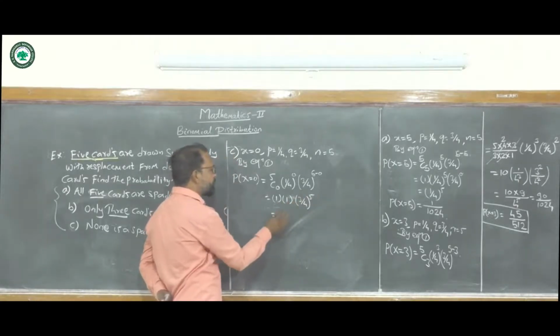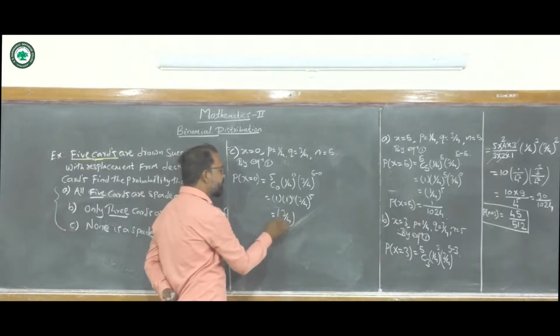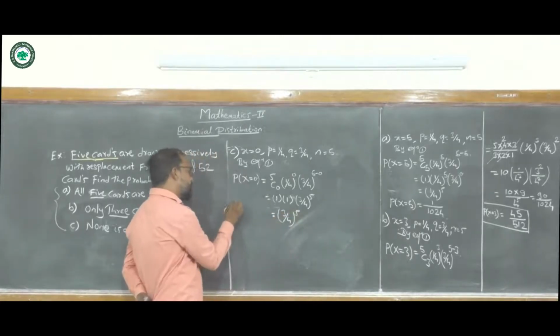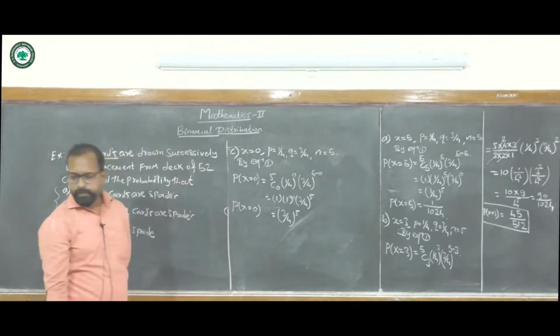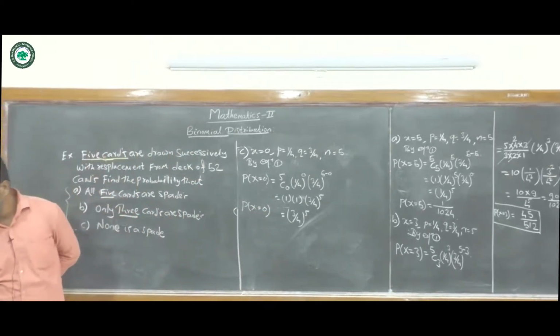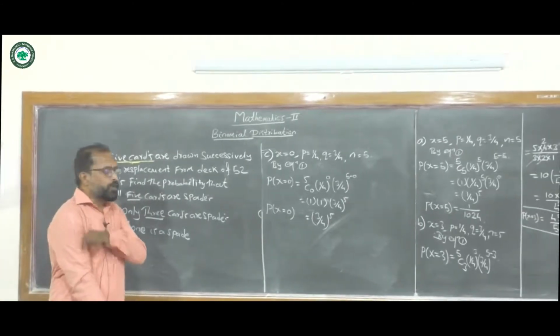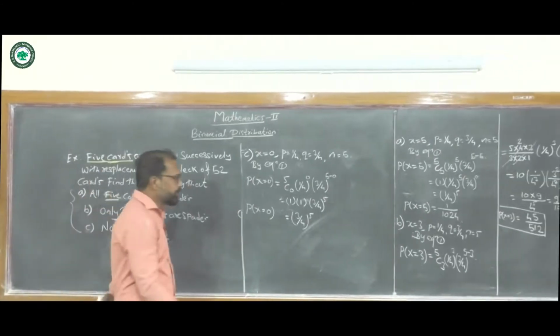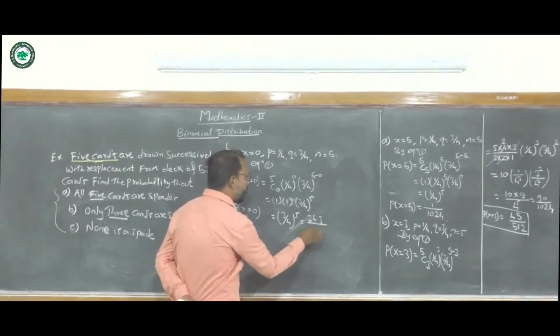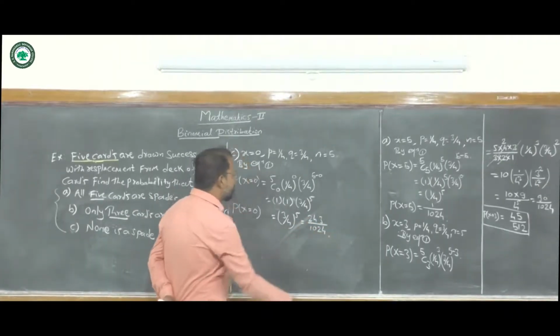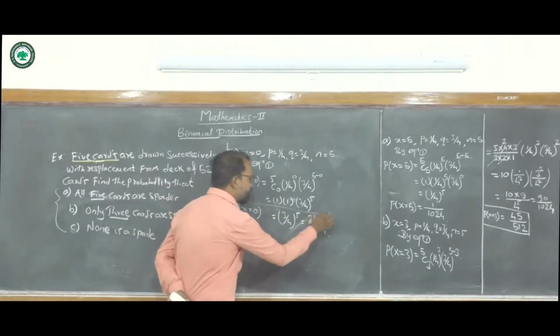So it becomes (3 by 4) raised to 5. This is the probability that none of the spade cards is selected. Now if you simplify this, it becomes 3 raised to 5, that is 243, divided by 1024. This is the final solution.